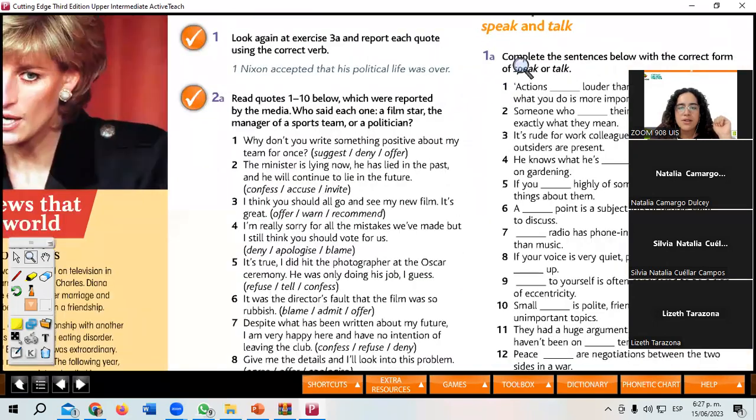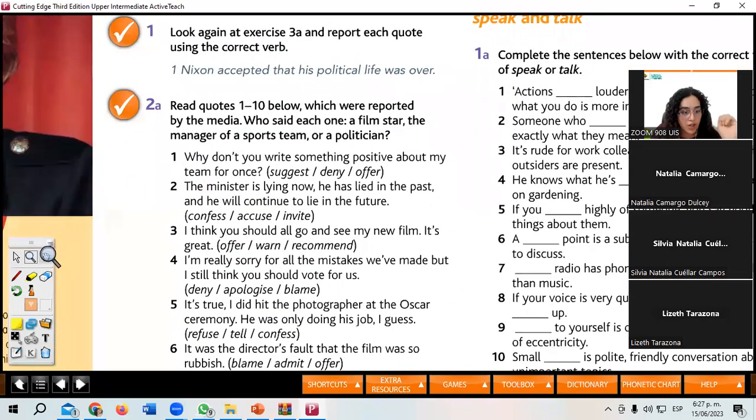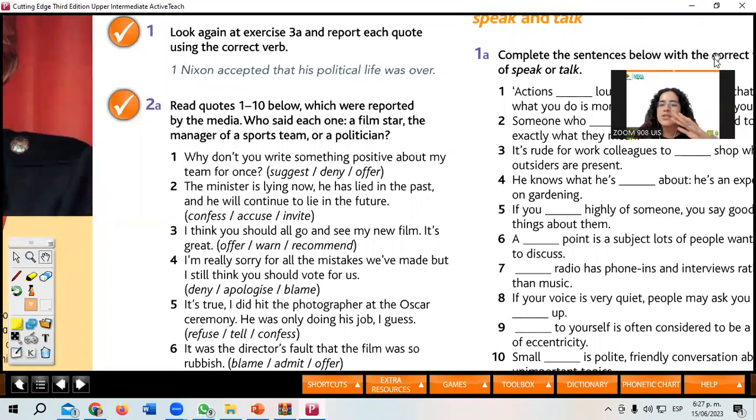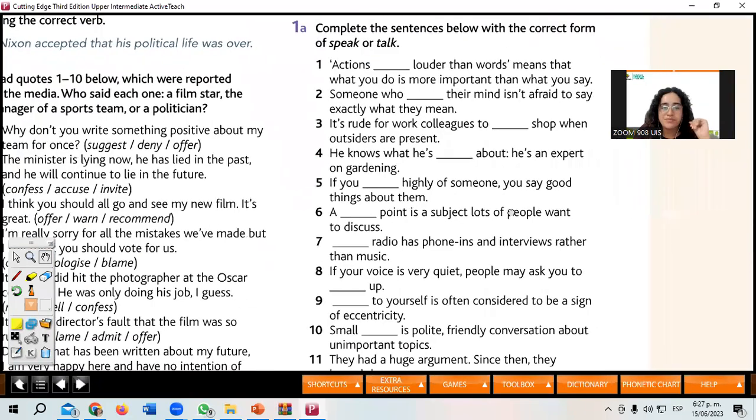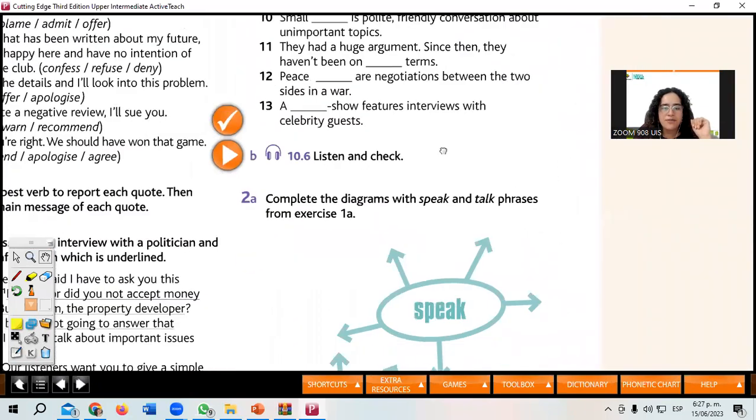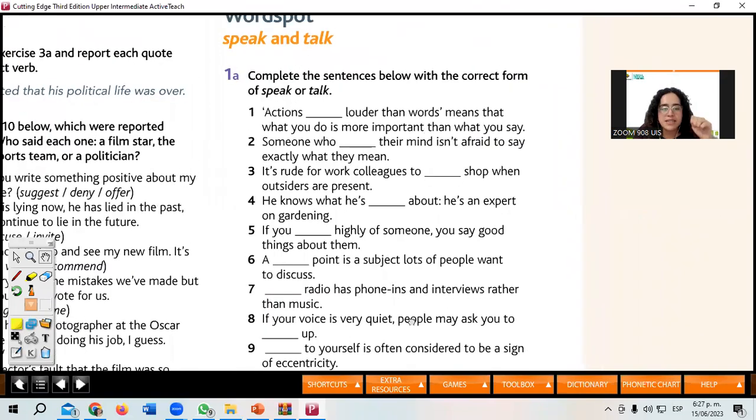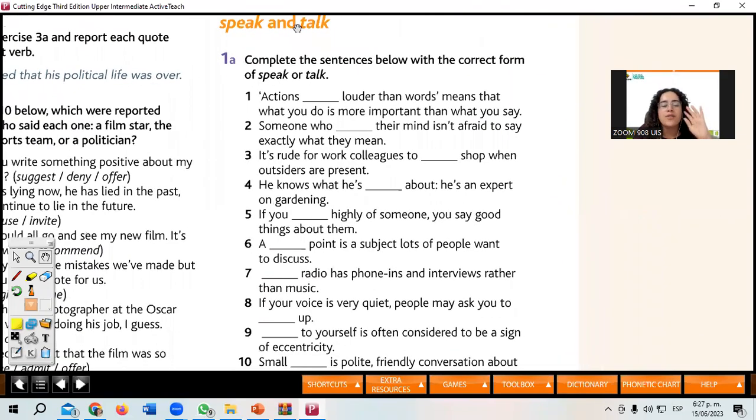We have the use of the words speak and talk. We're going to see the differences between them, okay? We have 13 sentences here, and you have to complete each sentence using either speak or talk.